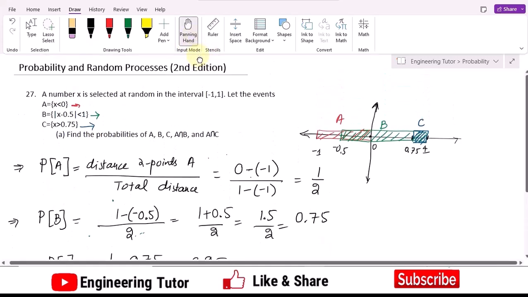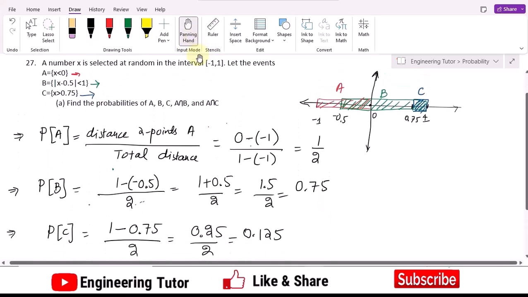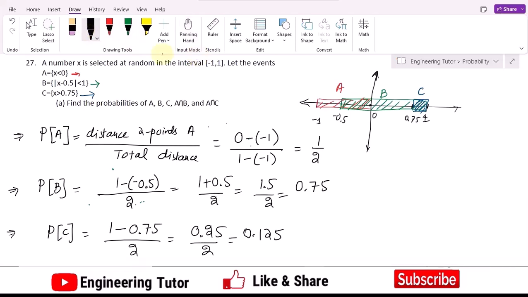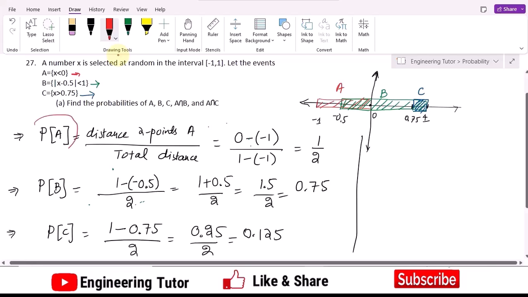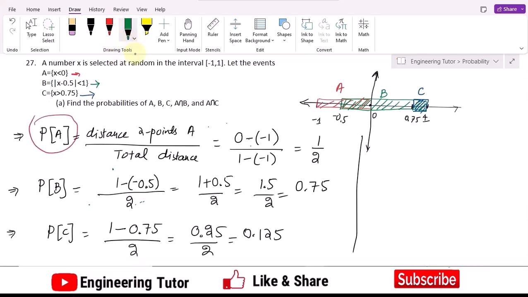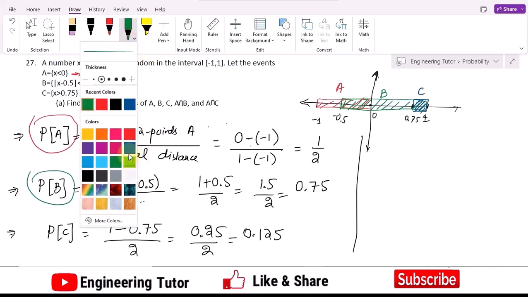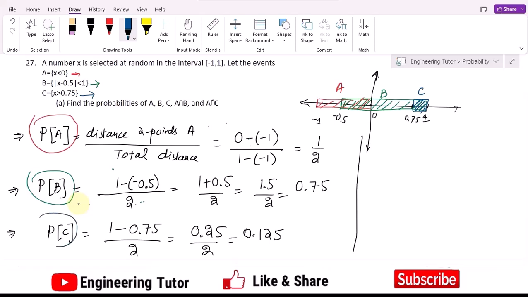Okay, so these are the events and I have already found out their probabilities, which are here. This one is for A, this is for B, and I am using the same colors which I have used here, and this one is for the blue.